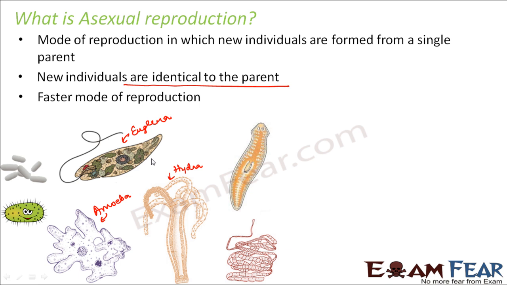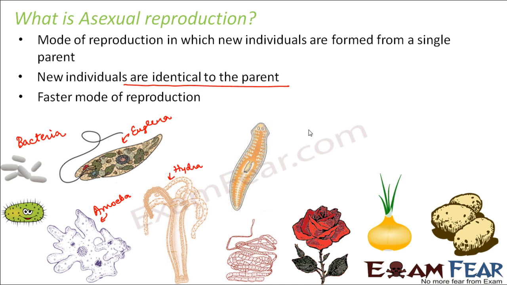Maybe you have not seen them, but all these organisms exist. Bacteria, even if you have not seen them because they are microscopic, you would have heard about them because they are mostly known to us for causing several diseases. People say, okay, I got a bacterial infection, right? Bacteria also reproduce asexually, and that is why they multiply very fast. Their numbers increase extremely fast.